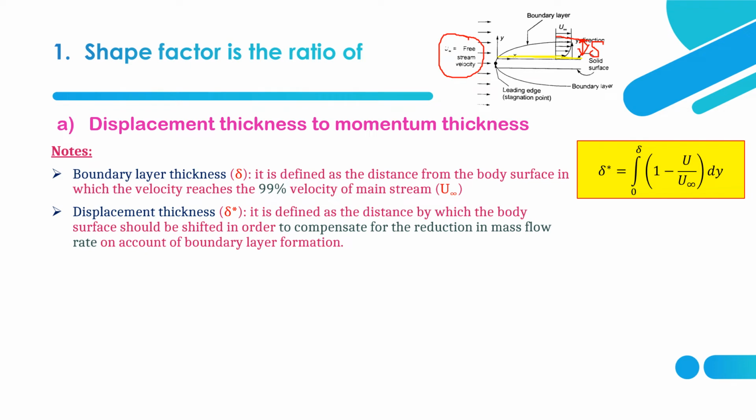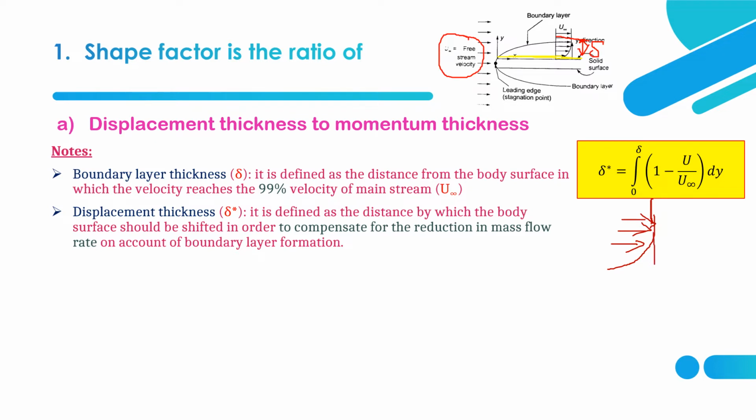Next we shall see the displacement thickness. It is defined as the distance by which the body surface should be shifted in order to compensate for the reduction in mass flow rate. So what actually is the mass flow rate? Kilogram of water per second. So that is the mass flow rate. Here you can see the reduction. Actually this is the velocity profile varying along the body surface.